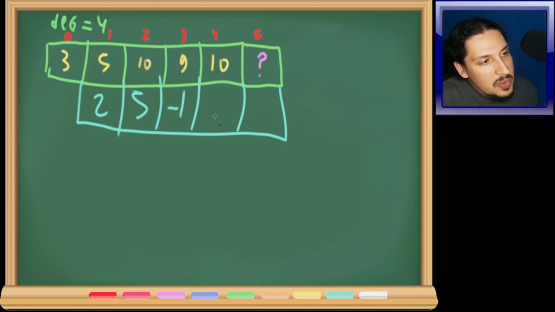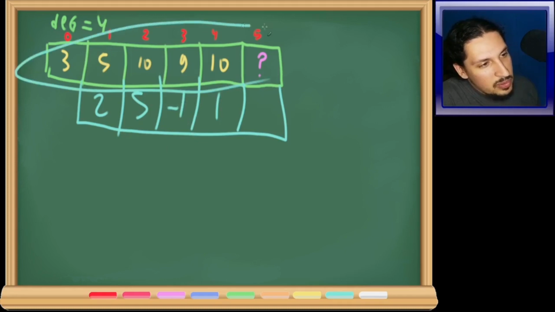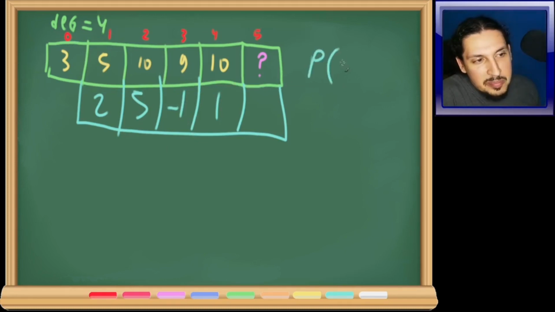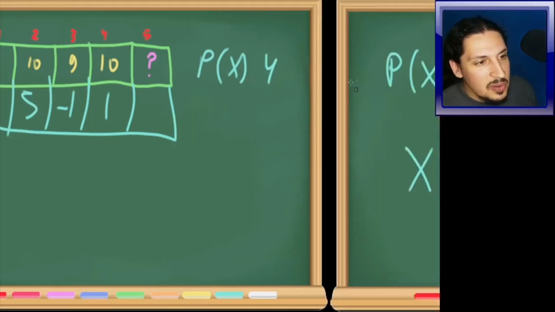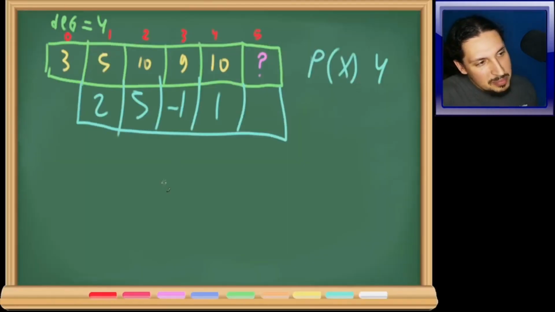This would be minus 1, and this would be 1. I get the differences. Now, if the full row corresponds to a certain polynomial of degree 4, because of what I just showed, these numbers must correspond to the values of a polynomial of degree 3, another polynomial of degree 3.